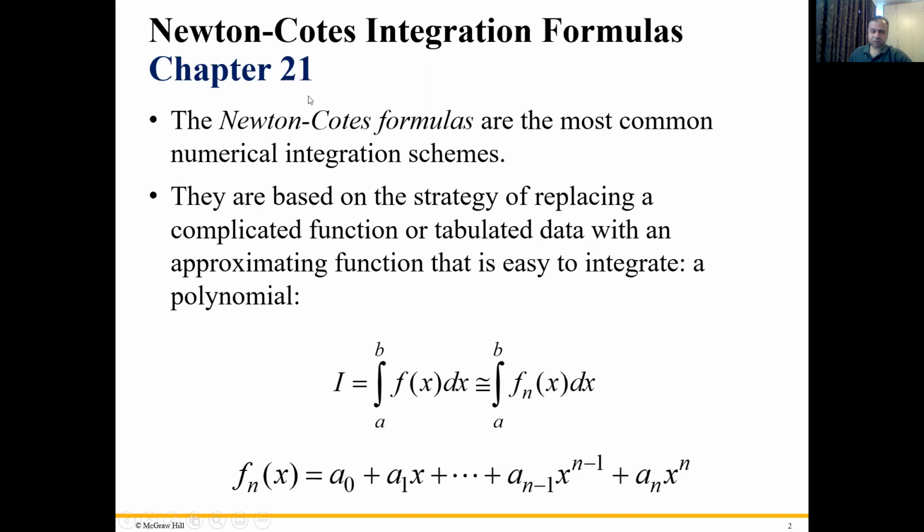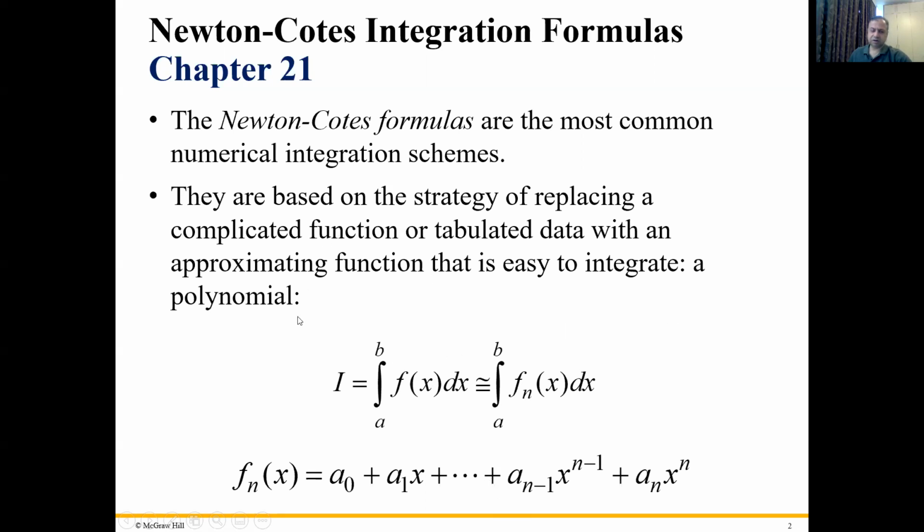So these rules are categorized under the name Newton-Cotes integration formulas. They are the most common numerical integration schemes. They are based on the strategy of replacing a complicated function or tabulated data with an approximating function that is easy to integrate. That approximating function will be a polynomial.